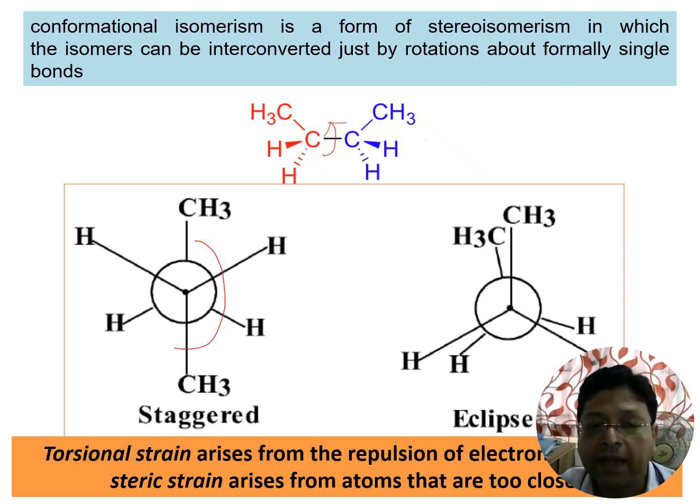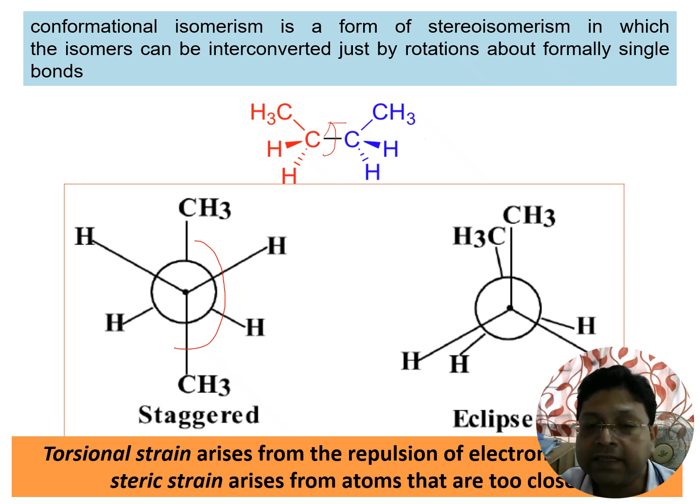So this methyl and this methyl are in anti-periplanar orientation, exactly opposite to each other. This C2 methyl and C3 methyl are anti-periplanar. So it is the most stable conformation.